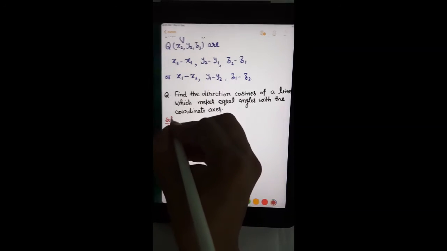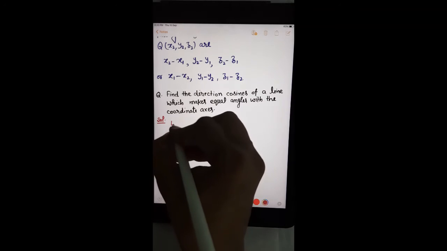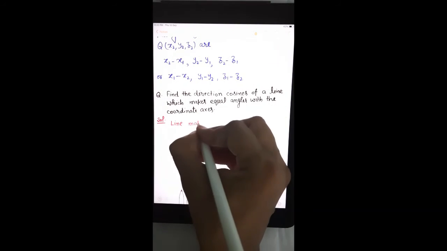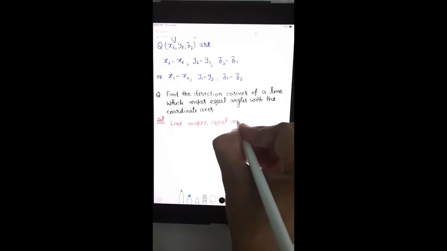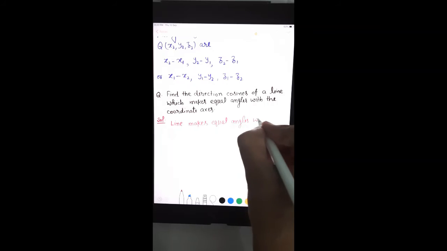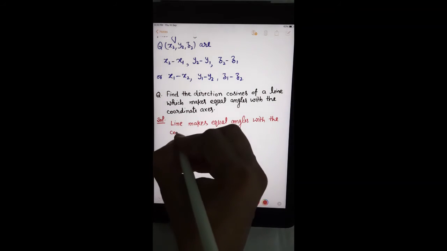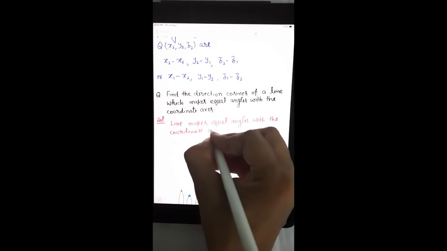So the line makes equal angles with the coordinate axis.